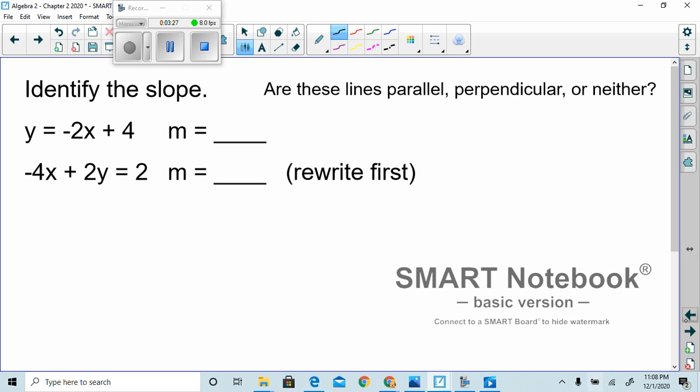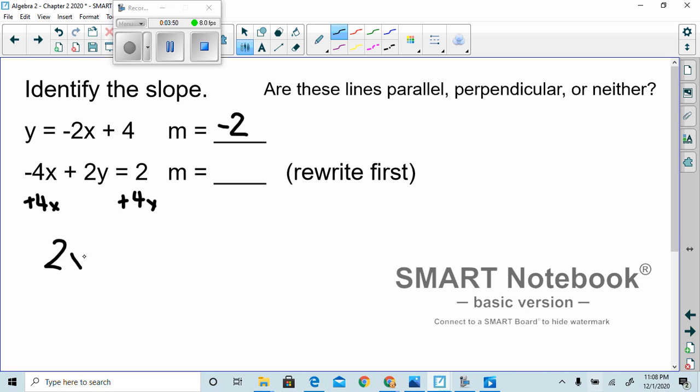Then making the comparison of slope, saying, are they parallel, same slope, perpendicular, negative reciprocals, or neither, no relation at all. If I look at my first one, it's easy to identify my slope. It's already isolated. The second one's in standard form, so I'm going to add 4x to both sides.